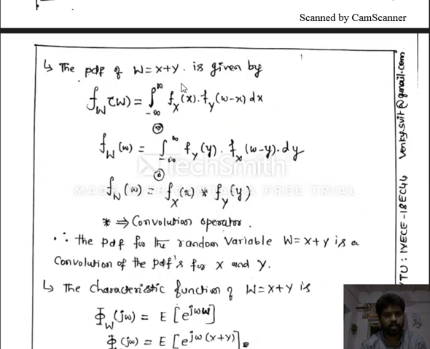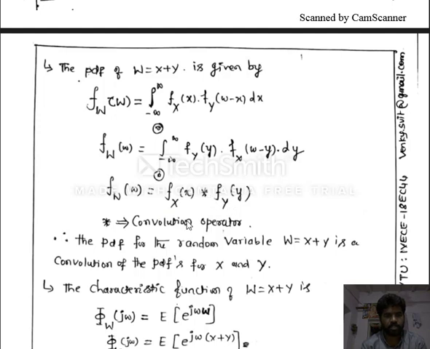It is given by the convolution between the random variable x and the random variable y. So it is a convolution sum. Therefore, if the two random variables x and y are independent, then the PDF of the sum term x plus y is given by the convolution between the PDF of the random variable x and the random variable y.